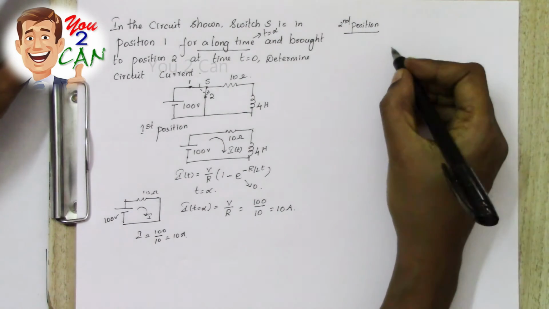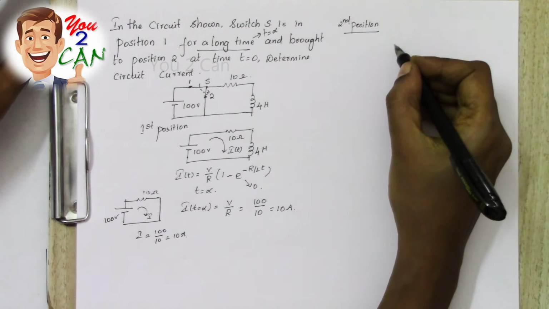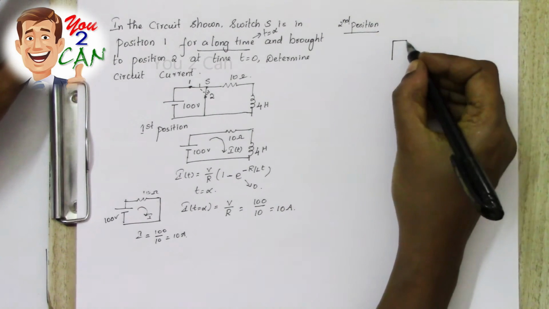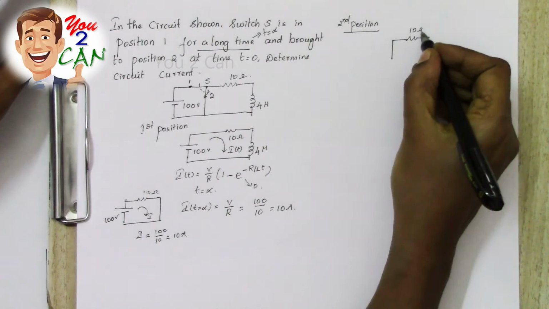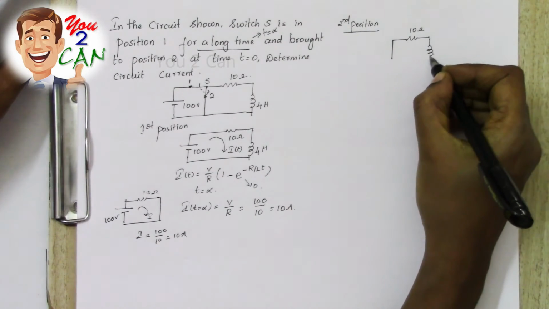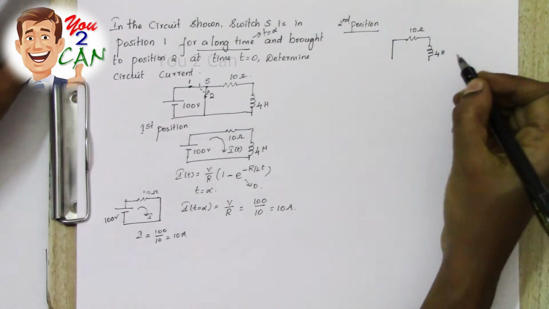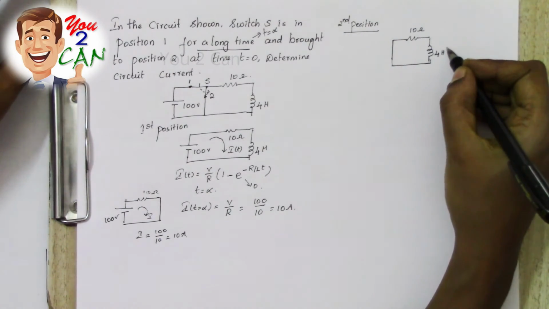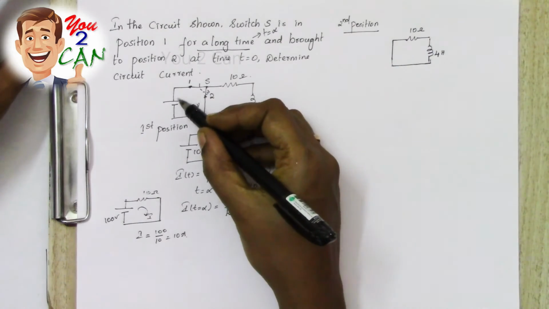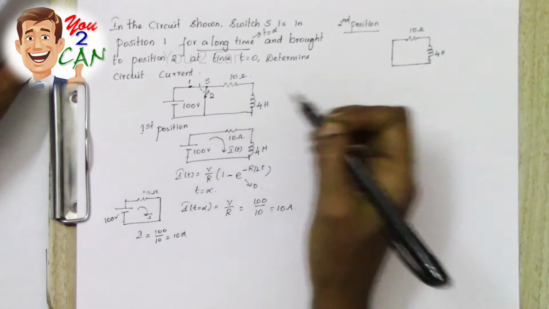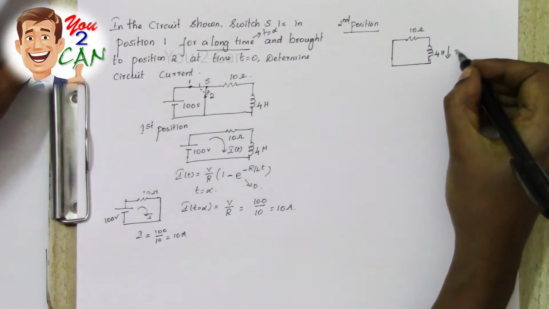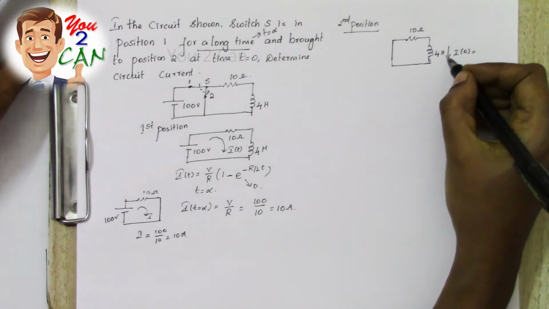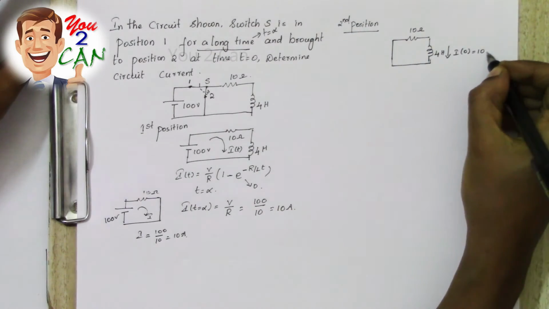At second position the circuit will be 10 ohm and 4 Henry. The current flows through this inductor in this direction, so the previous current i of 0 will be in this direction. That will be 10 amps.